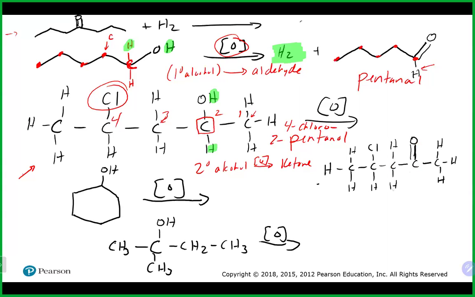And now we have our ketone in this case, which is 1, 2, 3, 4, 5. This is actually known as 2-pentanone, and we'll talk about that in a sec. You can probably imagine what the 2 means. It's where the carbon-oxygen double bond is located in this case. And obviously here, this will not oxidize any further, so that's your end product that you would get in this case. Any questions on that one there?